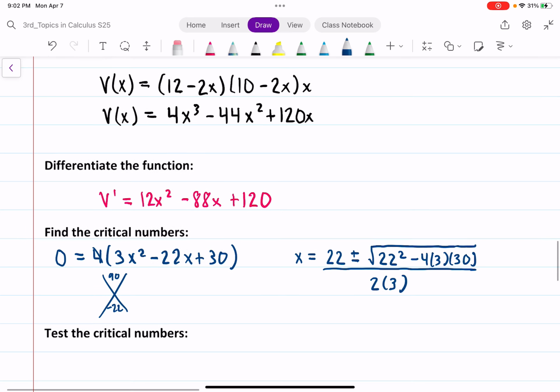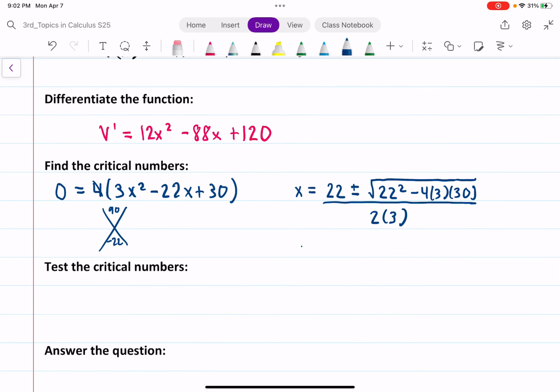Okay, and so then if I plug that in the calculator, rounded to a couple decimal places, I'm going to get about 1.81, and I'm also going to get about 5.52.